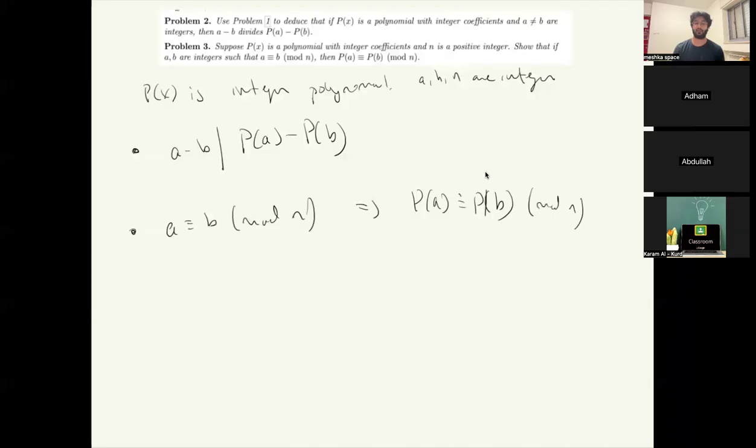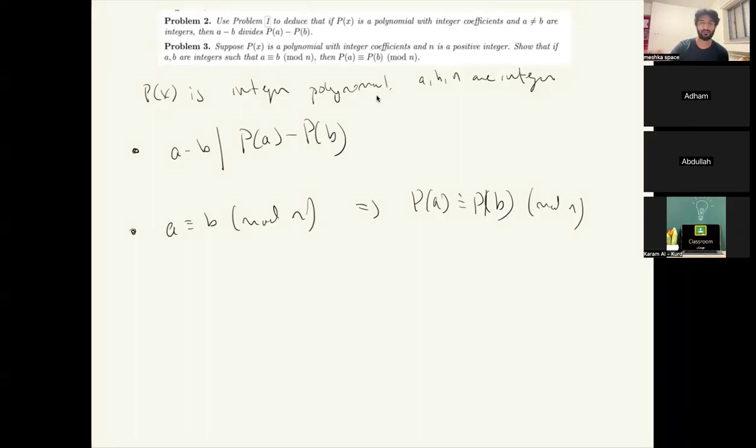Okay. So before I go and prove these two statements about integer polynomials, do you guys see how they're actually basically equivalent? They're more or less the same statement.